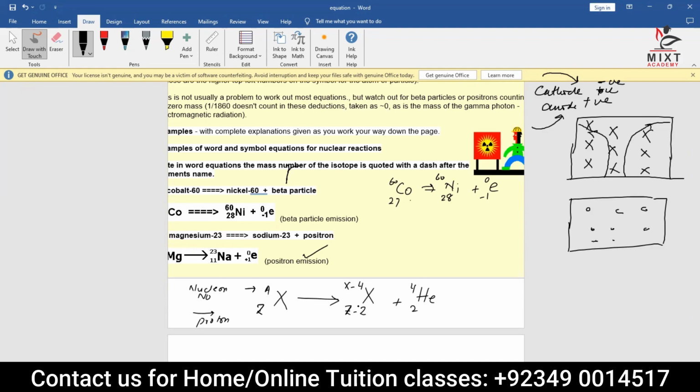Mass number will be reduced by 4 and your atomic number will be reduced by 2. Put a heading alpha decay and write this equation, please. Write a few lines, and once you write it, then we will write a few lines as well.